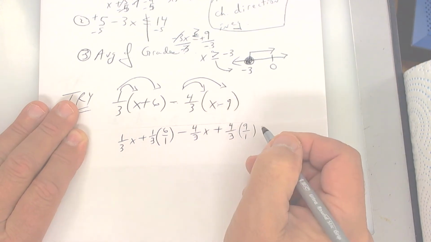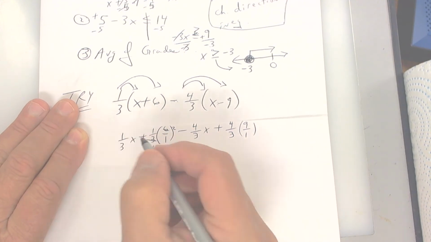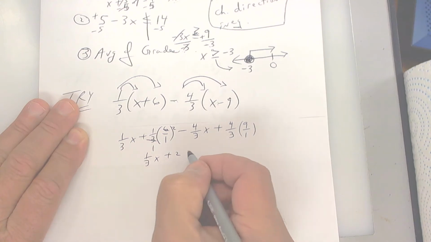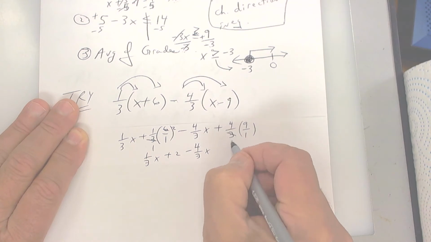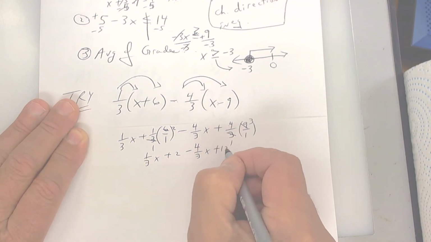Let's take a look at that. 3 goes into 3 once, 3 goes into 6, 2. So I'm going to end up with 1/3 x plus 2 minus 4/3 x. This 3 goes into 3 once, 3 goes into 9, 3 times 4 is 12.